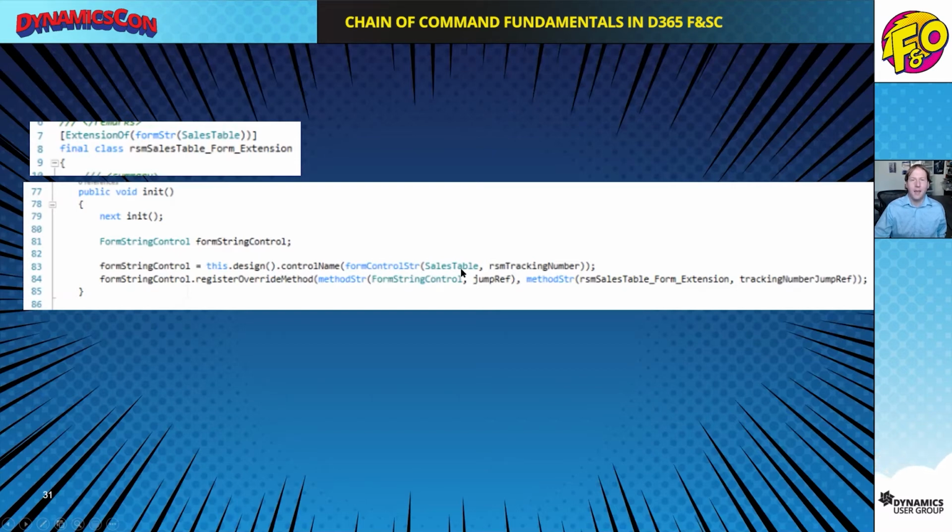I give it the name of the form and the name of my control on the design, and you can look that up in Visual Studio on that form. I'm going to assign that to a local variable called form string control, and then I'm going to use this fancy method called register override method to tell it which method I want to use instead of the base one.